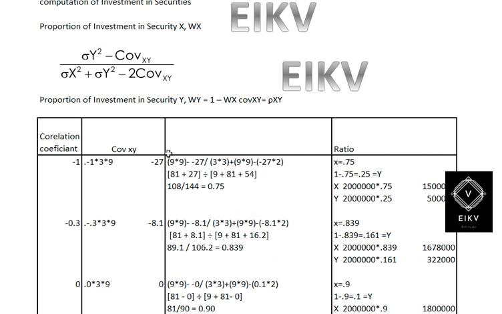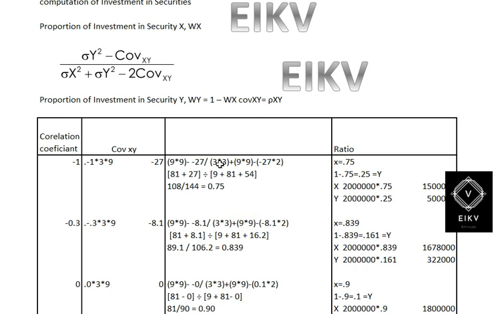Here I have made a table for the computation. If the correlation coefficient is -1, then the covariance would be -1 into 3 into 9, which is -27.